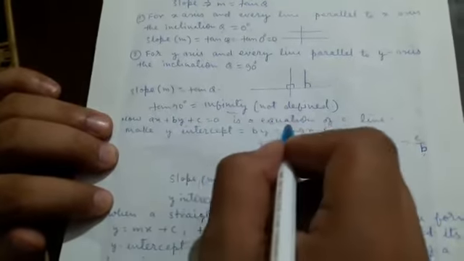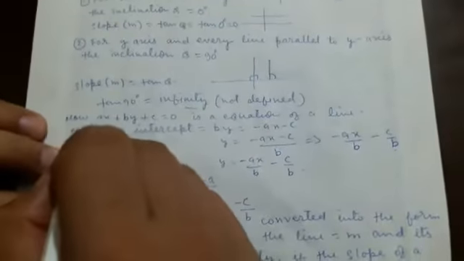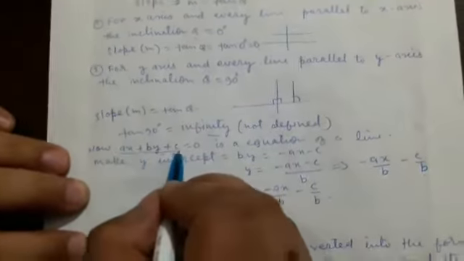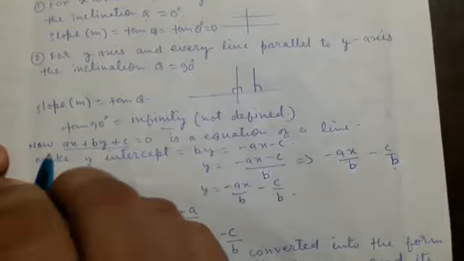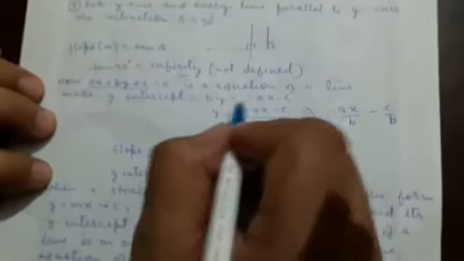Now ax plus by plus c is equal to 0 is the equation of a line. It is a linear equation, and it makes a straight line. How will we find the y-intercept? by is equal to minus ax minus c.